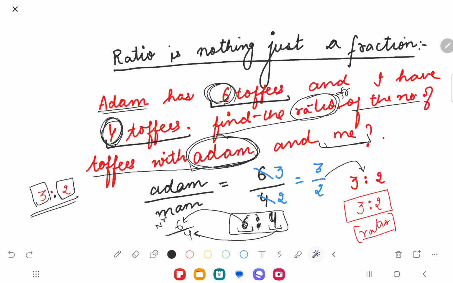Whatever is written first becomes the numerator, and the second one becomes the denominator. Understood or not? Any doubts in this? Very simple concept is ratio. This is one of the most simple concepts you will find.